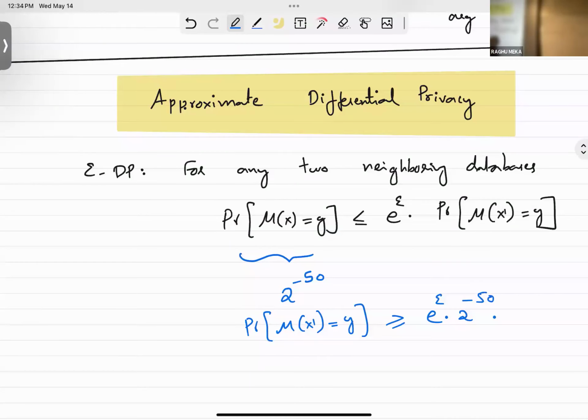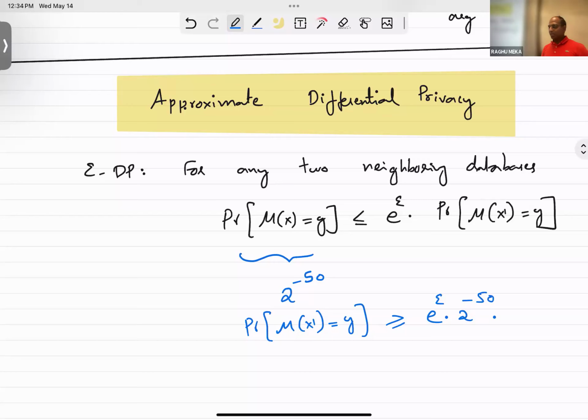Even probabilities which are very, very close to zero, you still need to preserve that, which is desirable in some applications, especially if you want to preserve privacy of rare individuals or rare diseases or something like that. But in some other things, it might be an overkill.